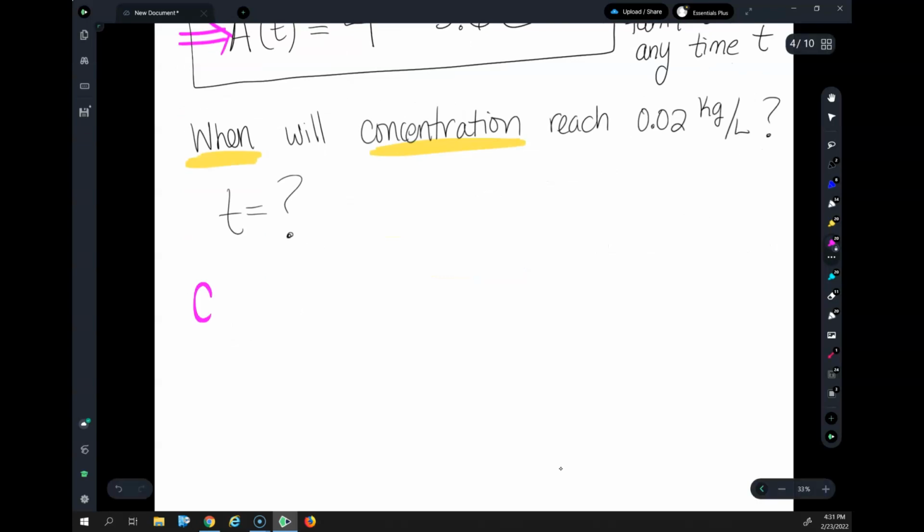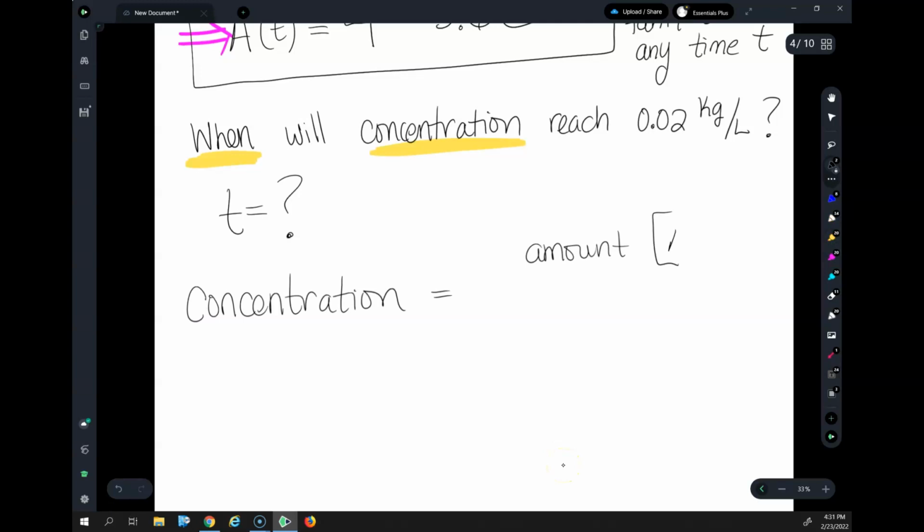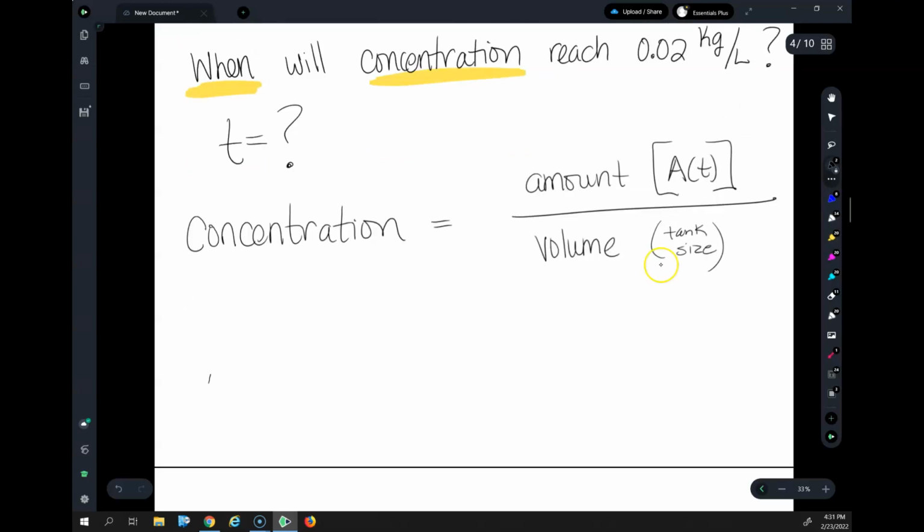So concentration is equal to amount, and for us, that's been the A of t function, divided by volume, the size of our tank. So we can take our A of t function that we just found and we can divide it by 100 liters, and it will give us a concentration function.